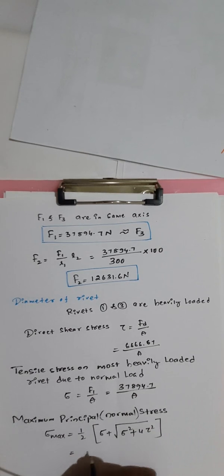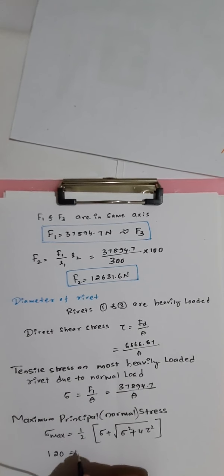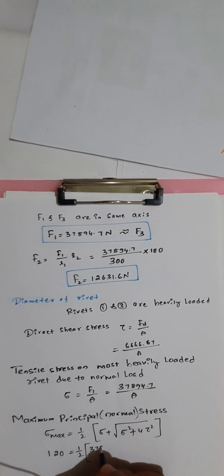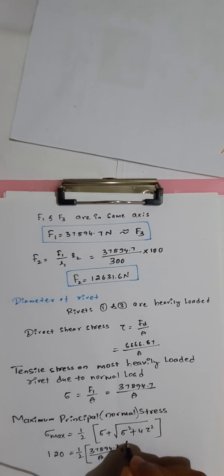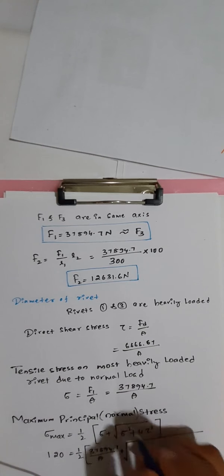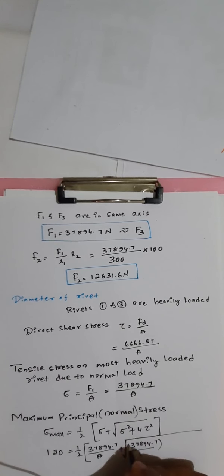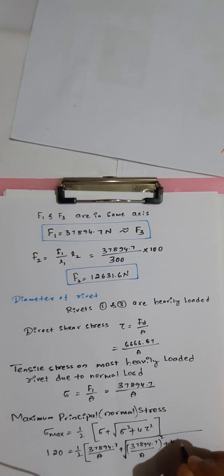If we substitute all the values into this equation, sigma max, which is given in the problem, that is 120, is equal to half into, we know the value of sigma, that is F1 by A, 37,894.7 divided by A, plus square root of sigma square, 37,894.7 divided by 2 whole square, divided by A whole square, plus 4 times the tau value.